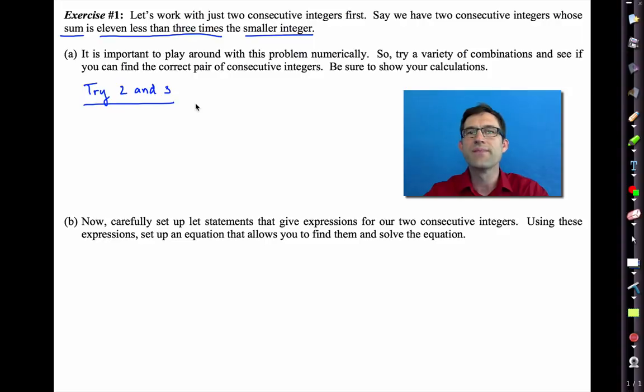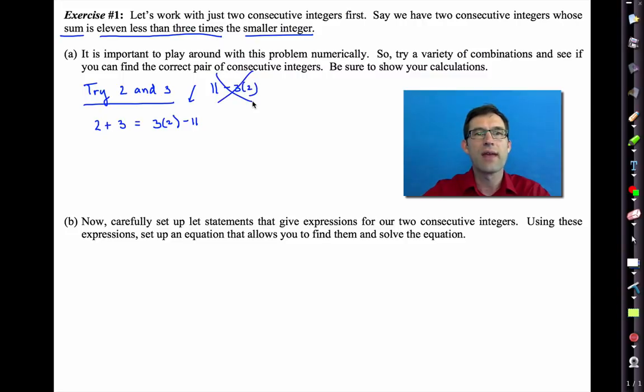What does it say? It says their sum, so 2 plus 3, is 11 less than 3 times the smaller integer. Now this is important. 3 times the smaller integer, that's easy enough. 11 less will be subtraction, and it's important that it's this way and not 11 minus 3 times 2.